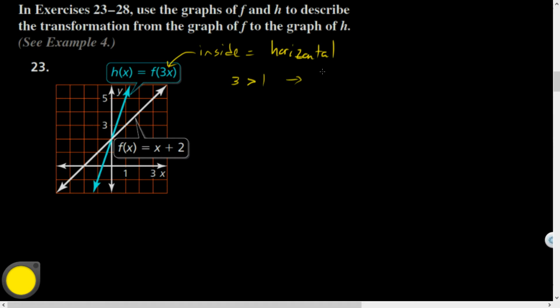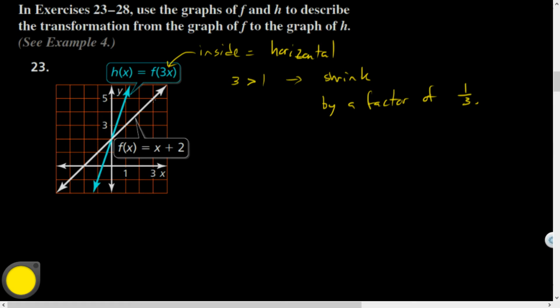Multiplying by 3 sounds like it makes things bigger, except for horizontal world, it's opposite day. That's a horizontal shrink by a factor of 1/3, right? If I take that 3 and I flip it, I get 1/3.